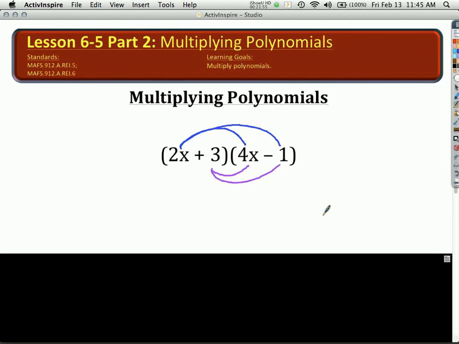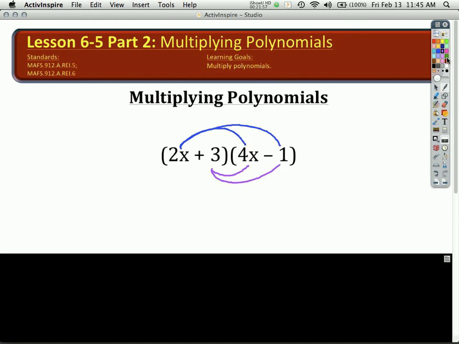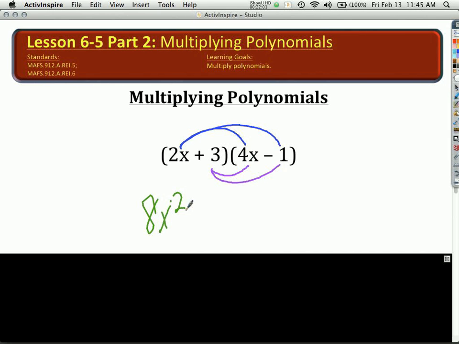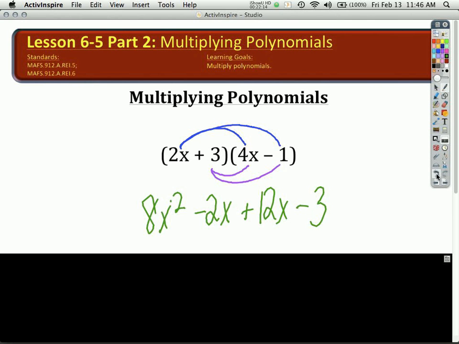So we could do that. I don't want you to write this down, but I want you to look. I could do 2x times 4x, 8x squared. I could do 2x times negative 1, that's negative 2x. I can do 3 times 4x, that's 12x. And 3 times negative 1 is negative 3. And then I can put it all together. Okay? So that's what we're going to be learning how to do.